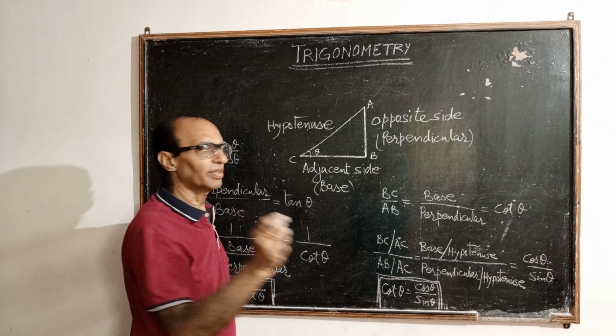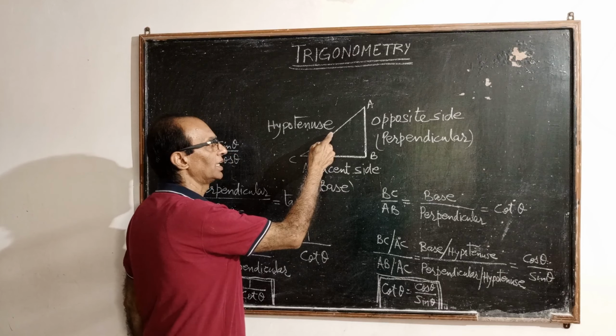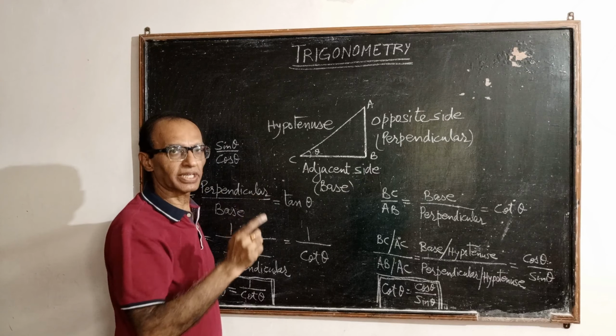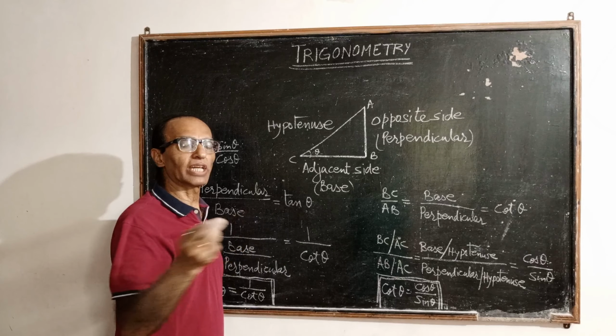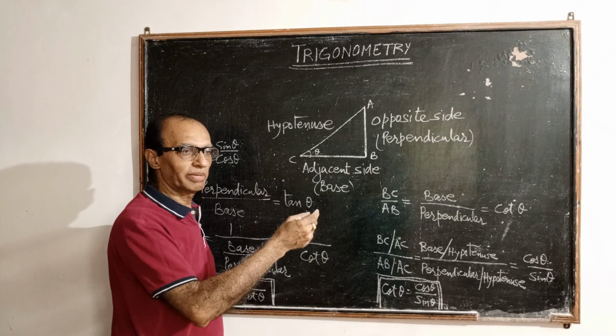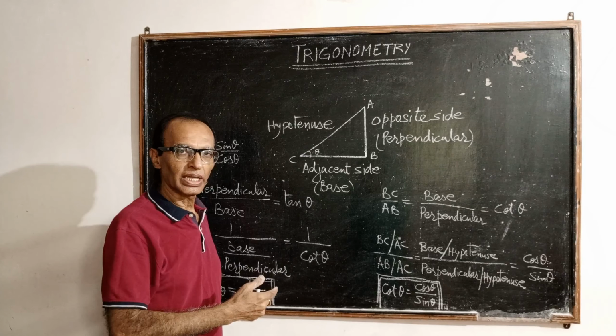Rather, it is the effect of this theta, the angle between the hypotenuse and the base, that matters, because as you have studied in similar triangles, the angles remain the same and the sides can be made bigger or smaller.